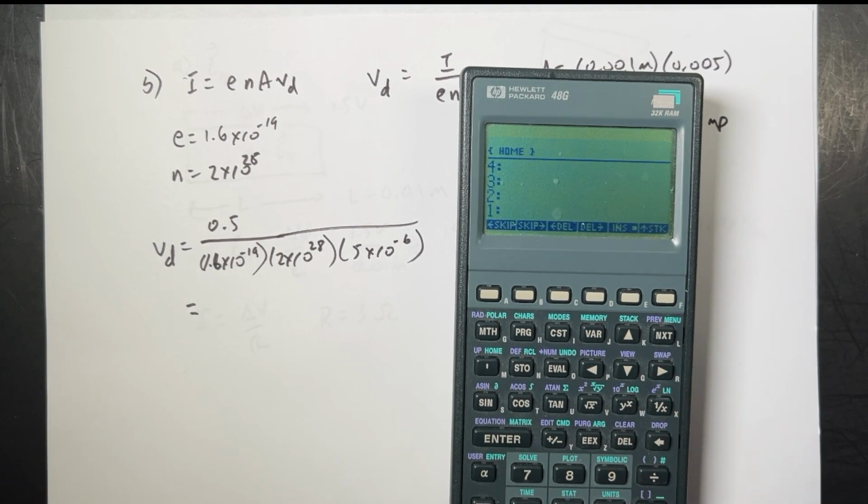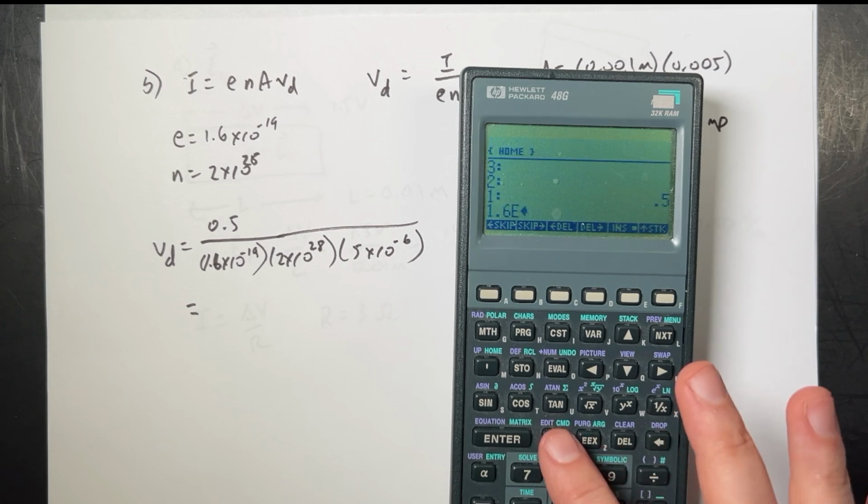So let's put this in. 0.5, enter. 1.6 times 10 to the negative... There's a negative sign. It's not negative. I feel dumb. Nope. Times 10. Oh, there it is.